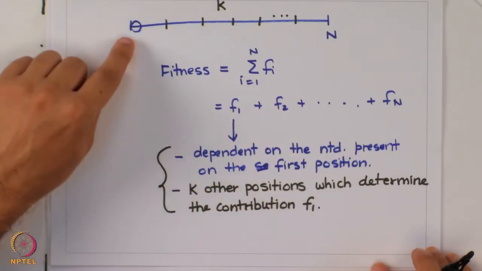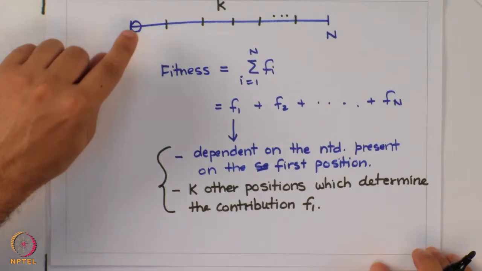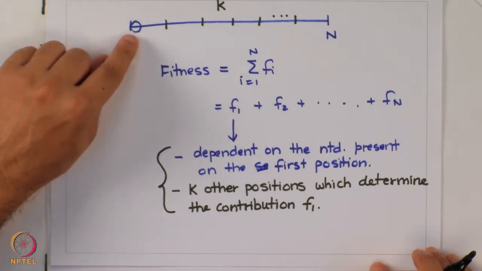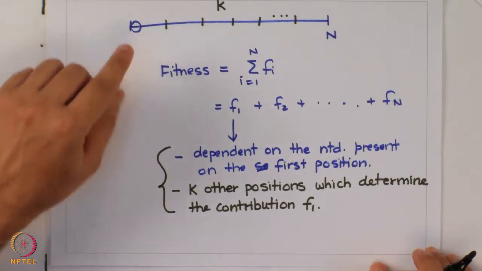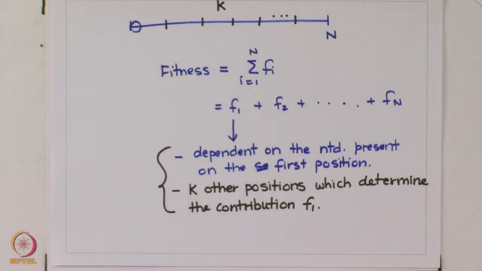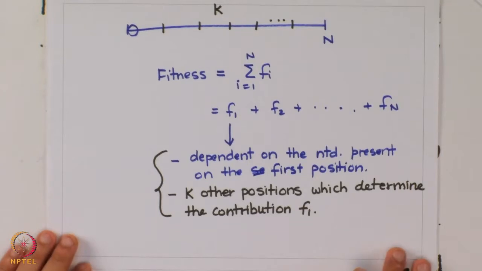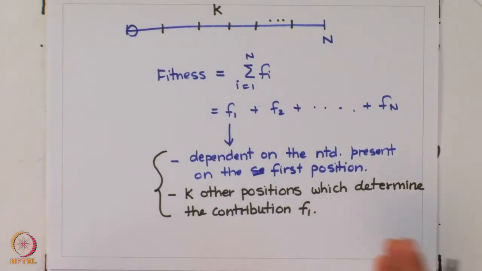So, the relative contribution of the first nucleotide is not just dependent on which nucleotide is present on the first position, but also dependent on these K other nucleotides which are present elsewhere on the chromosome or the string of DNA that you are talking about. You can tune K and incorporate epistasis, because now this is our first step towards understanding how we incorporate epistasis in our fitness landscapes.